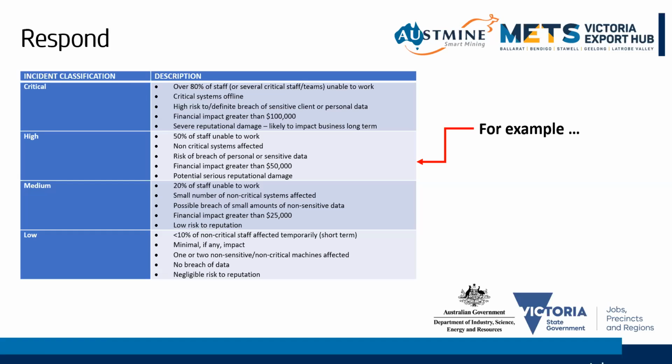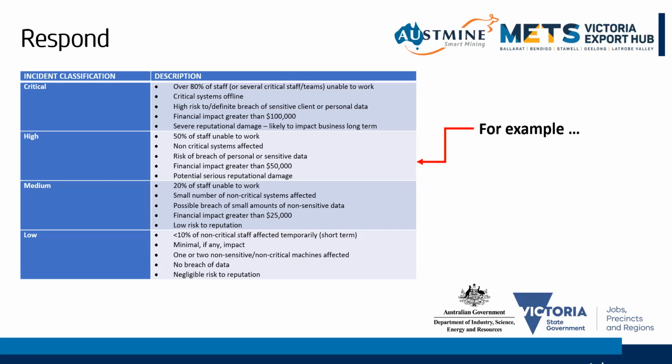So in the case of a critical incident classification, you might, for example, determine that over 80% of staff or several critical staff or teams are unable to work, and that is critical to you. It also means that critical systems would be offline, that there's a high risk to sensitive client or personal data, and you might put a value of an impact of greater than $100,000.